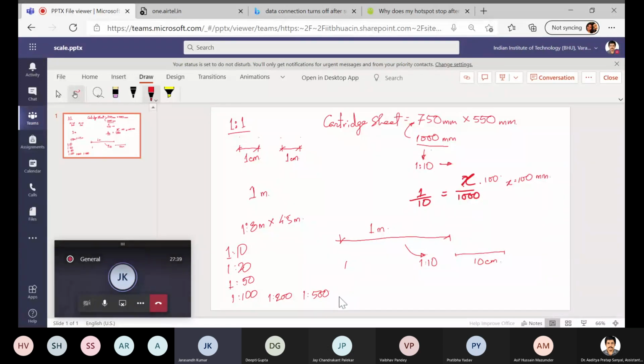On a piece of paper, how much will it look like? Quickly tell me. It's simple maths, simple ratio and proportion. How will it be 2 centimeters? Tell me. X is equal to how much? 2 mm.